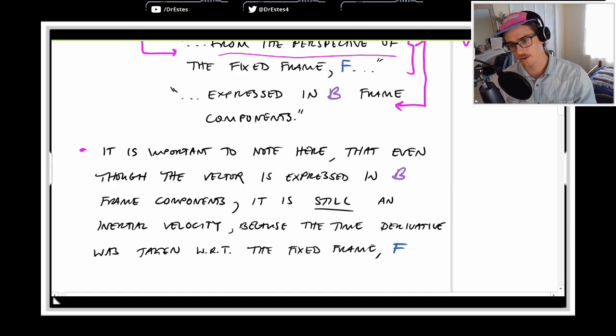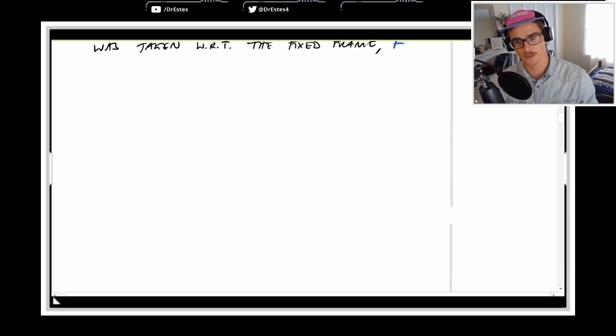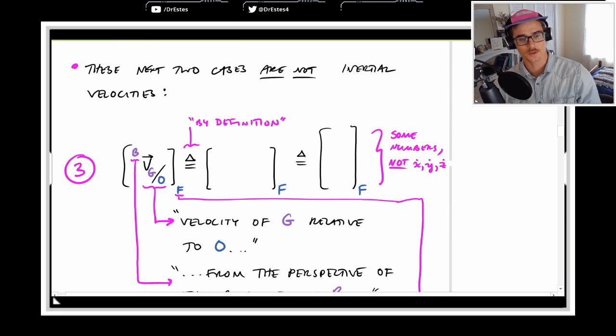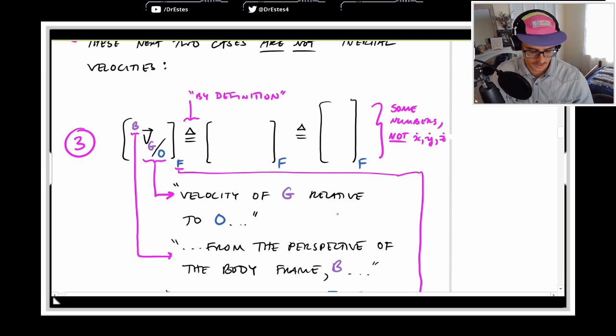We're going to do a numerical example after we finish these cases, so you'll get to play with some numbers to see this. Okay, so these next 2 cases, cases 3 and 4, are not inertial velocities. This is the velocity of G relative to O from the perspective of the body frame.